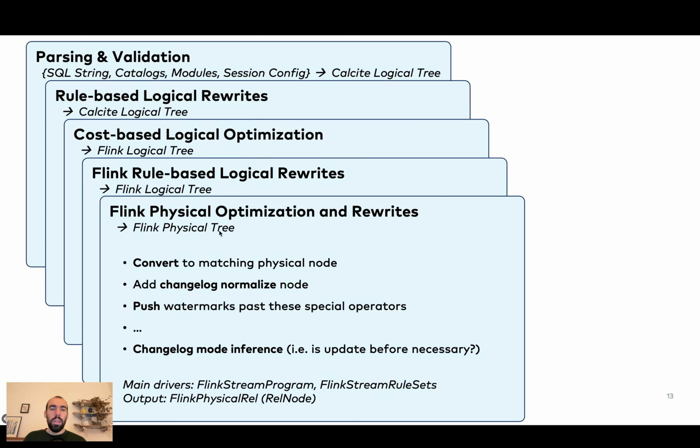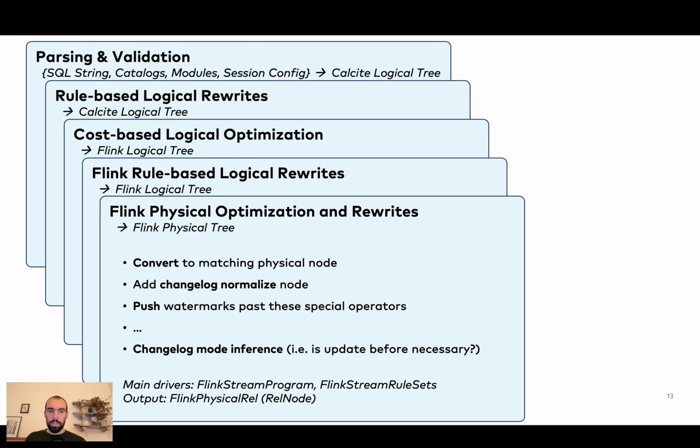What does that mean? First of all, we are converting all logical nodes to physical nodes. So Flink physical rel is the name. And we will also add some very specific physical rel nodes. For example, here is the time where we add a changelog normalize. So this is where this whole concept of changelog processing comes into play.